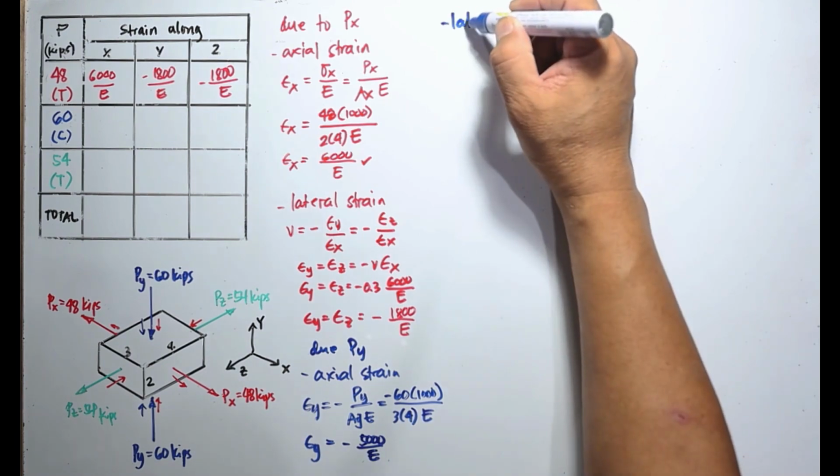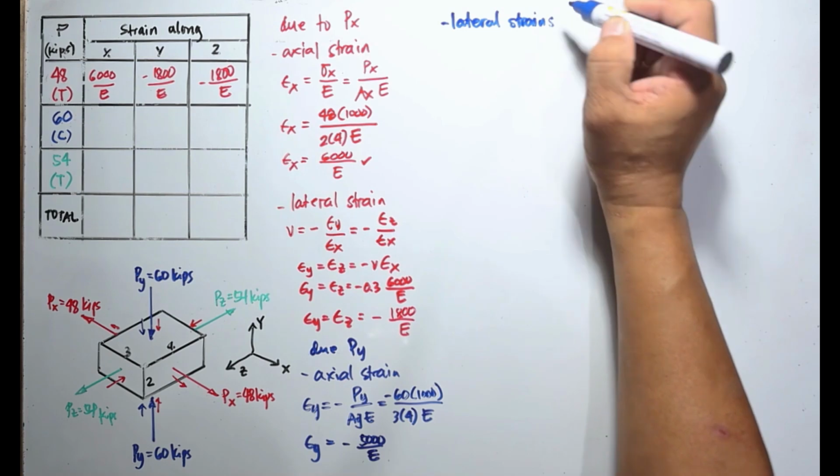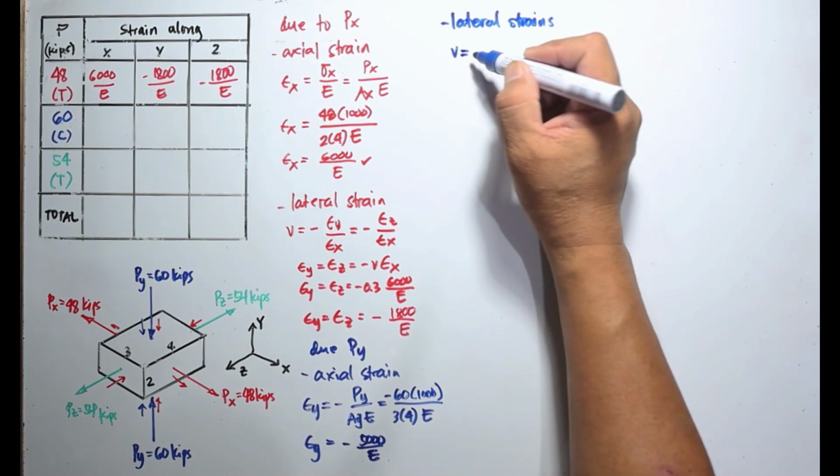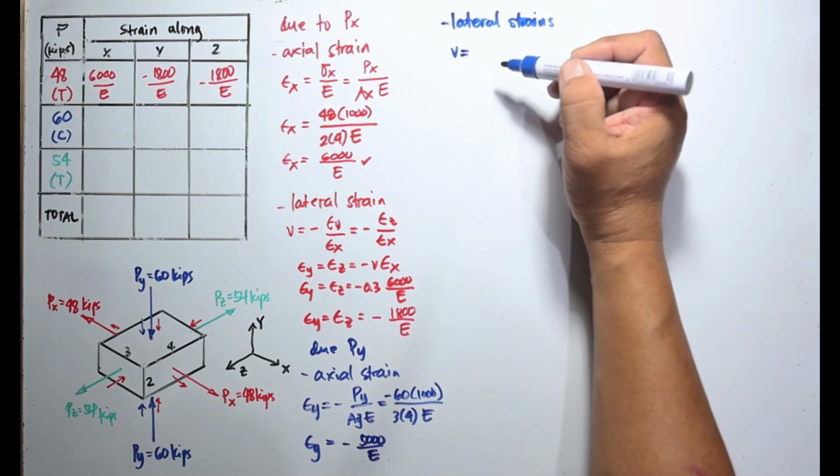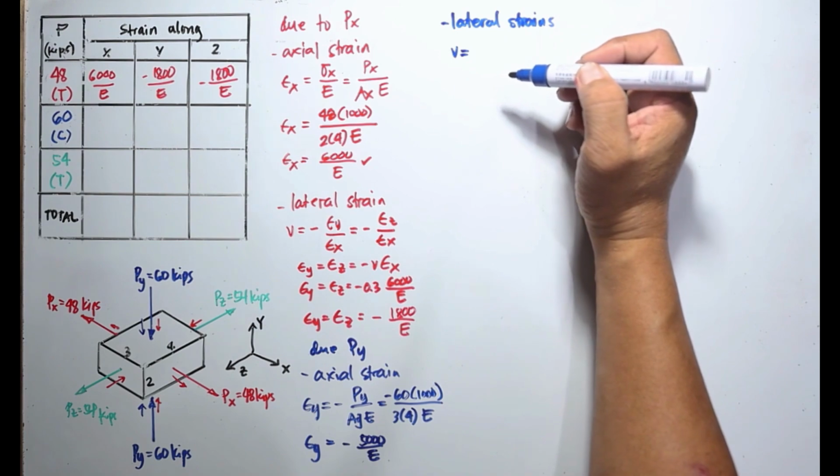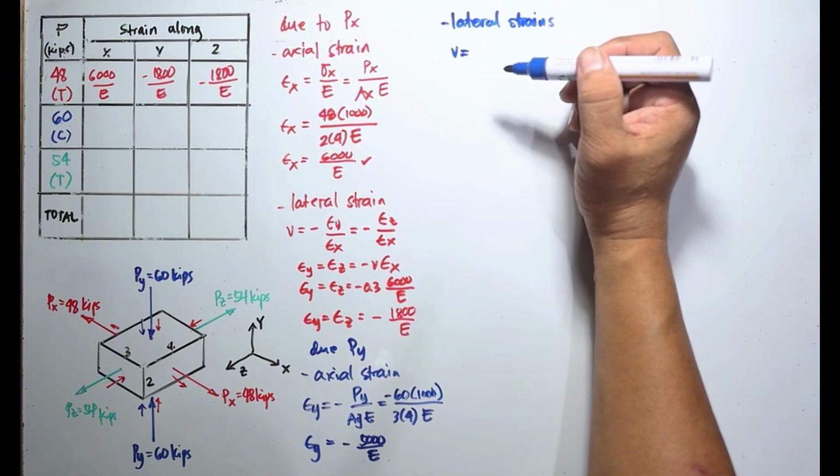And then its corresponding lateral strains. Okay, so the Poisson's ratio will now be, since the axial force Py is compression, and the lateral strains are tension, positive.